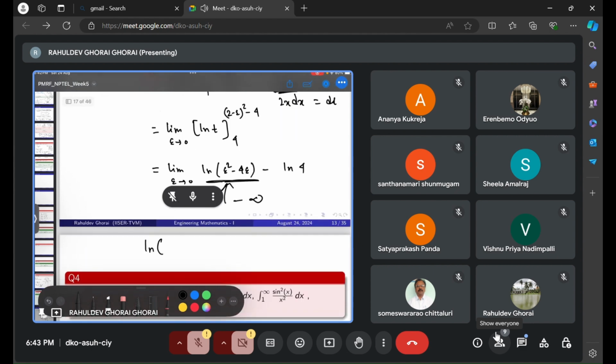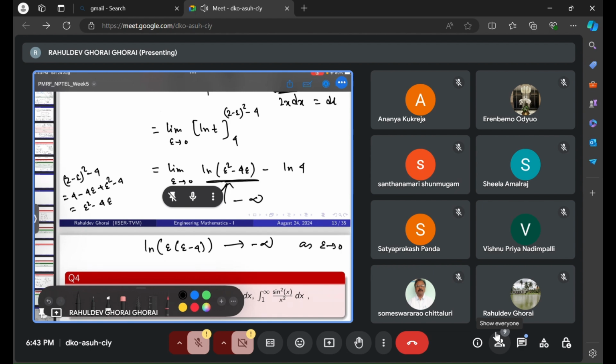Ln of epsilon times epsilon minus 4 tends to minus infinity as epsilon tends to 0, right? I just made 2 minus epsilon whole square minus 4. That quantity will be 4 minus 4 epsilon plus epsilon square minus 4, that is epsilon square minus 4 epsilon, right? So if you take the limit as epsilon tends to 0, that converges to minus infinity.